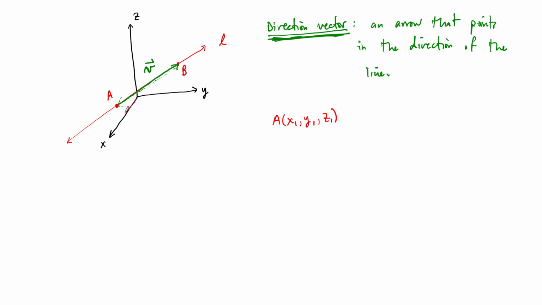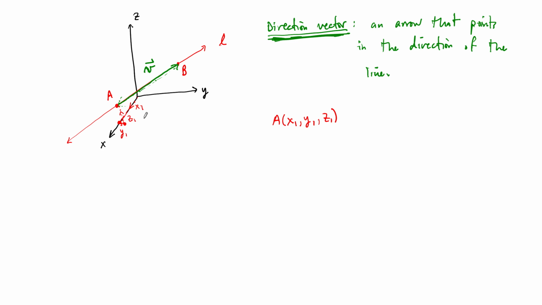So you'd go out to here, over to here, and then up to here. So this is our x1, this is our y1, and this would be our z1. Those are the coordinates of that point.